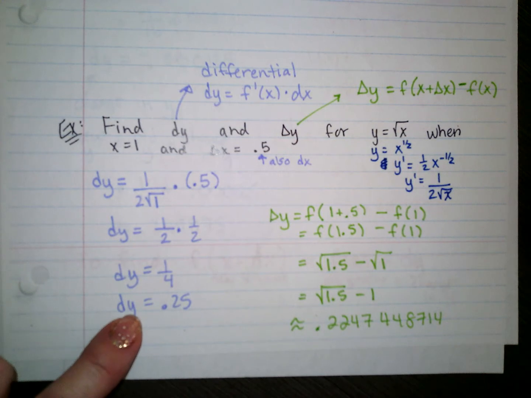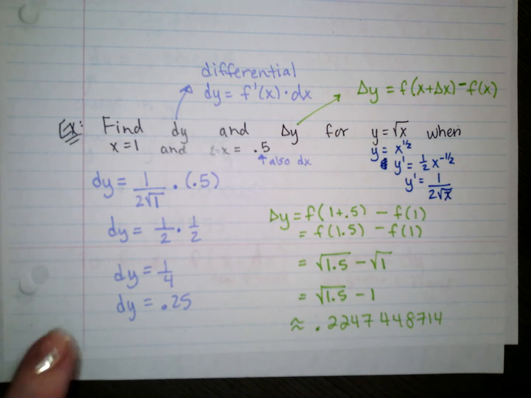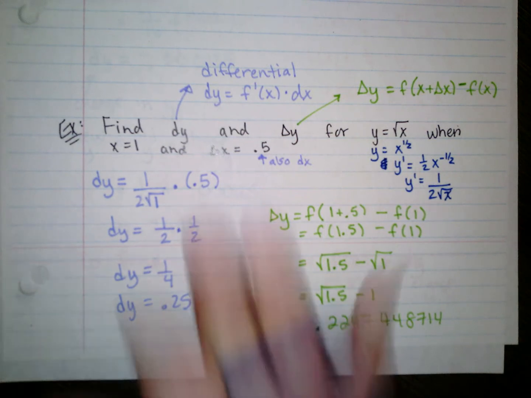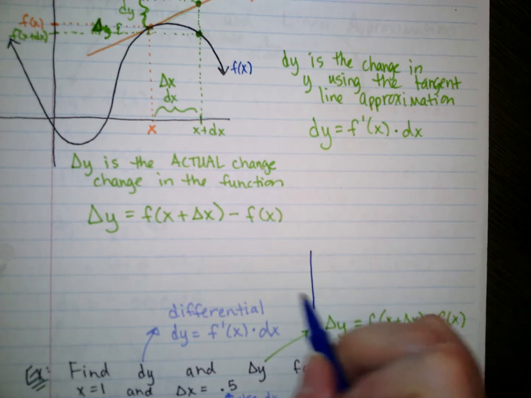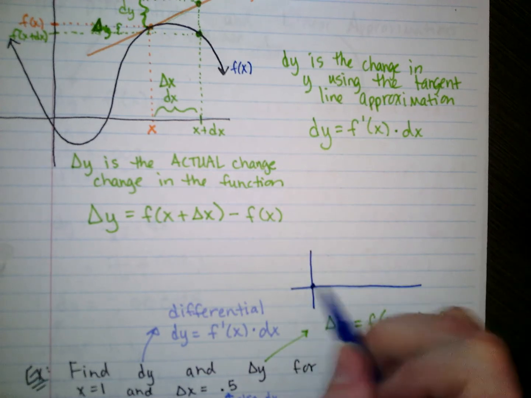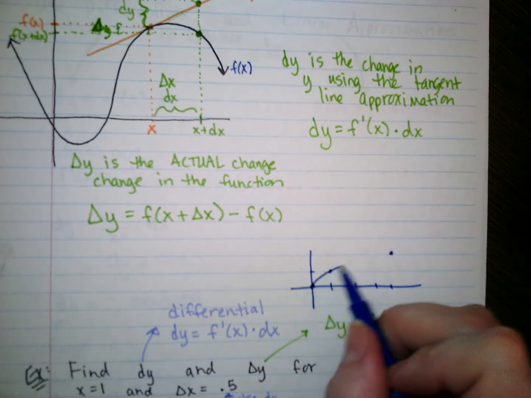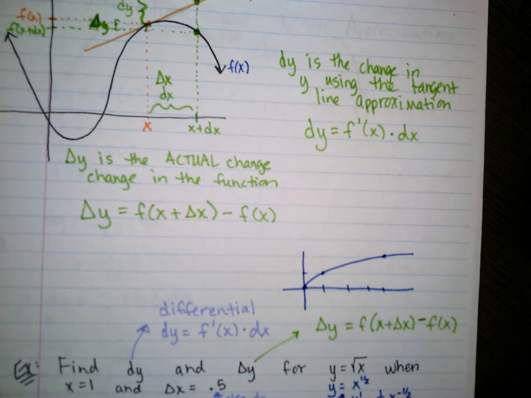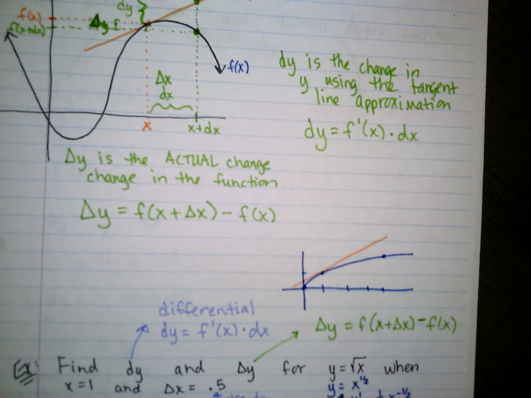dy is the change in the tangent line. If I draw a tangent line at x equals 1, then I move along the tangent line to 1.5. Let's see. I wonder how bad of a sketch I could do here, because my function is square root of x. So if I draw a tangent line at x equals 1, a really bad sketch.